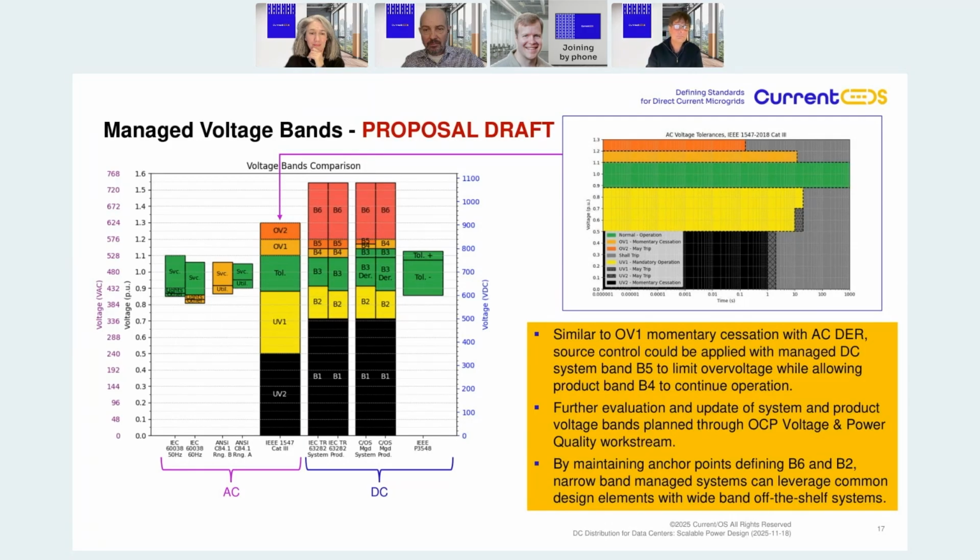Here, though, on the managed aspect, as you notice, we have kept the anchor points on the low side, but we have changed the operation underneath the anchor point of the B6 band on the high side. And literally what we have done is to consider that similar to what you saw on the earlier slide with the OCP definition being tighter in tolerance on the Mount Diablo power rack versus the power shelf that was in the IT rack having a slightly extended further range.